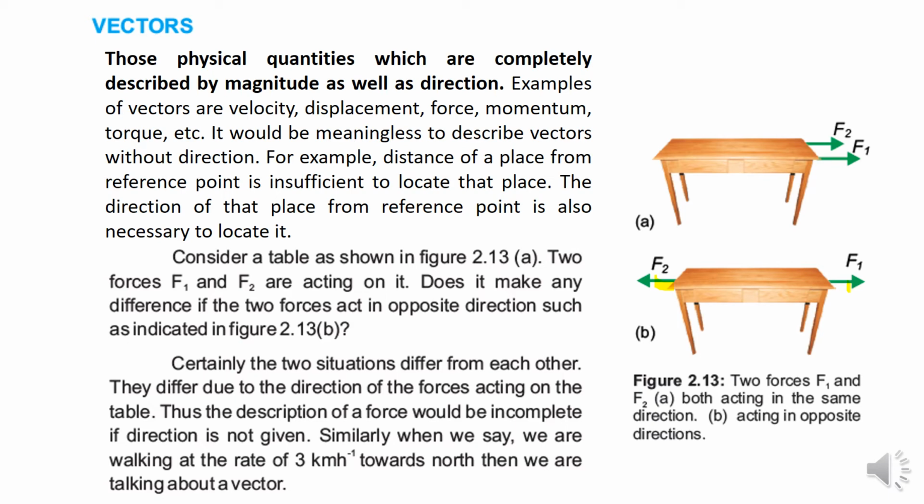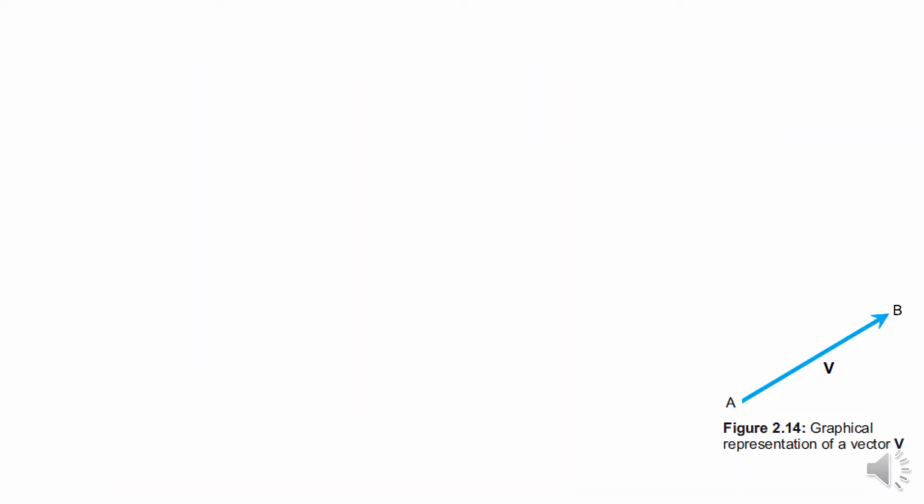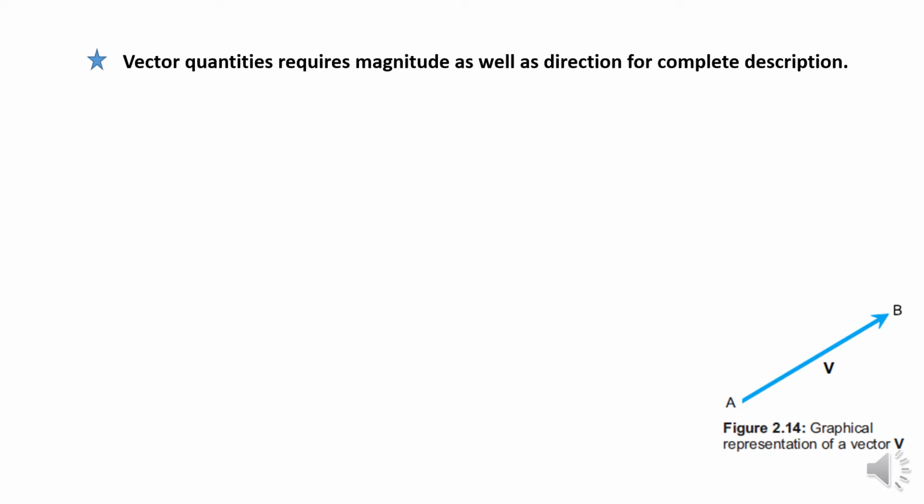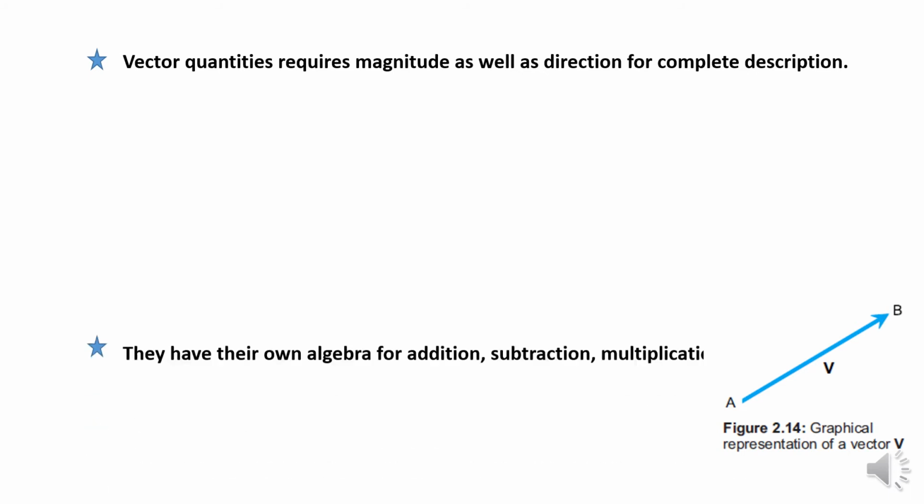Similarly, when we say we are walking at the rate of 3 km per hour towards north, then we are talking about a vector. Vector quantities require magnitude as well as direction for complete description.